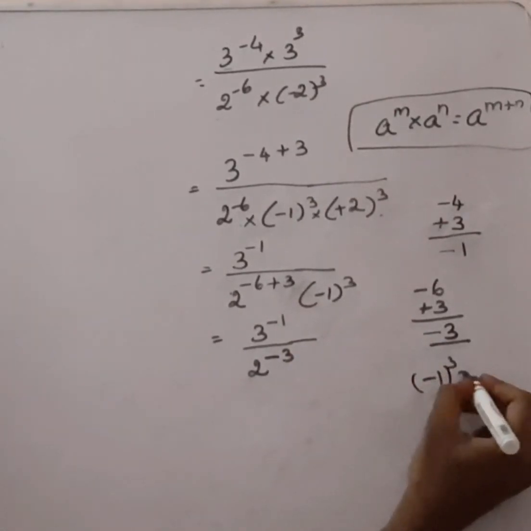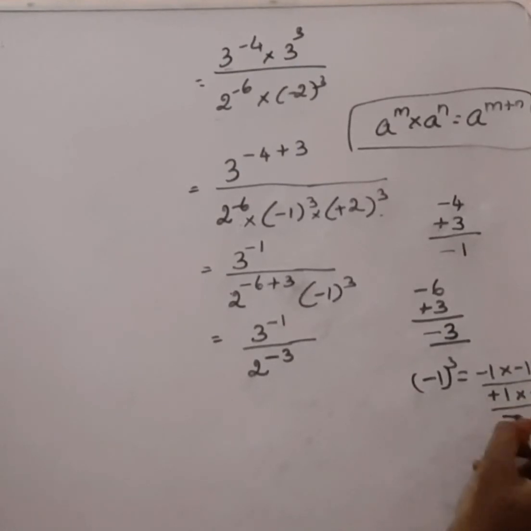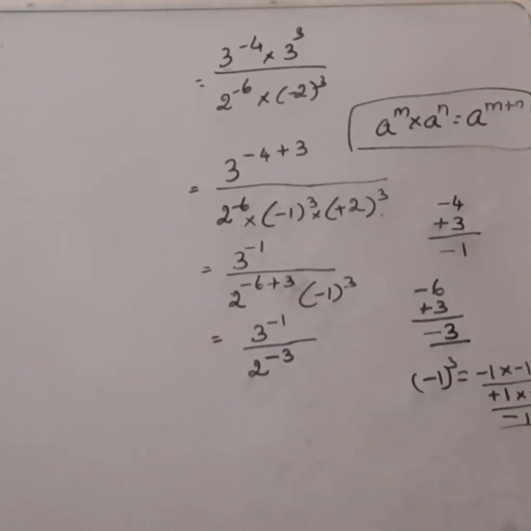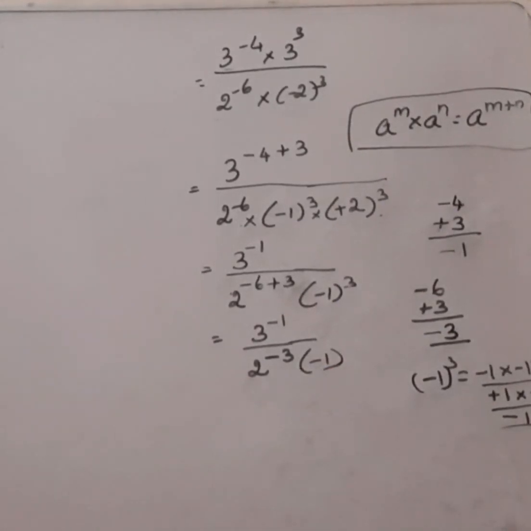So, (minus 1) the whole power 3 equals minus 1 into minus 1 into minus 1. So, minus into minus is plus 1, into minus 1, plus into minus is minus, so minus 1 into 1 is minus 1. Already I said that if a negative number has an odd power, the answer must be negative. So, the answer is minus 1.